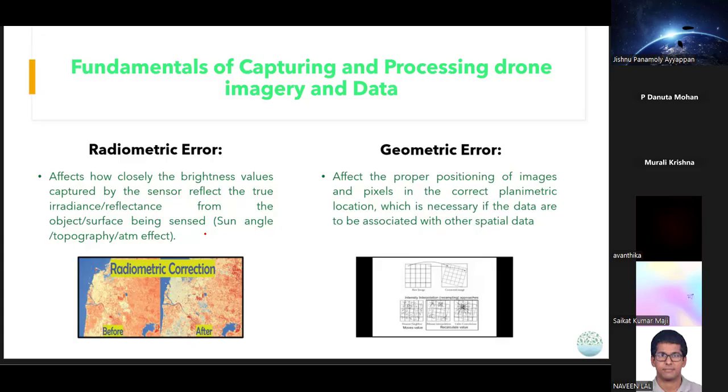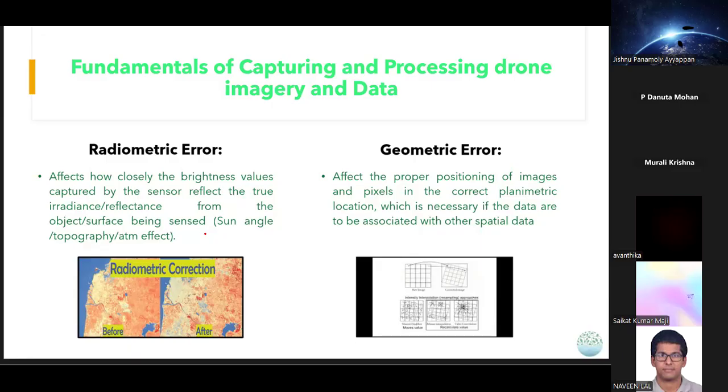If it is cloudy weather, we can get the shadow of the clouds. So when we capture the drone image, the reflectance of the objects might appear higher, or objects might appear a little darker.